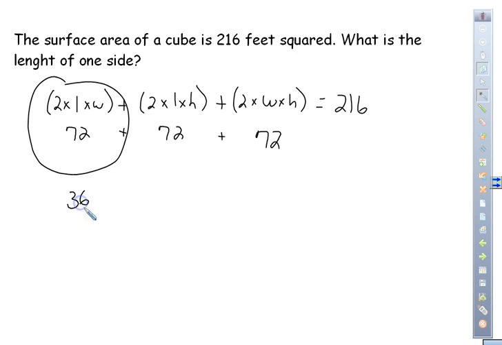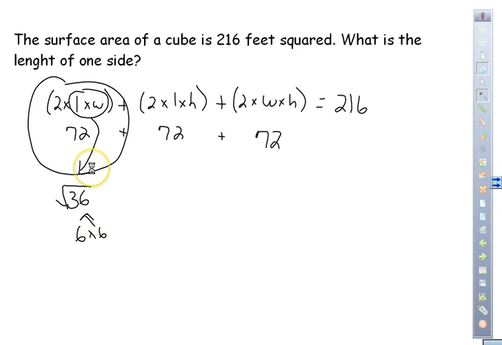Okay, so we've got to make sure that the length times width is going to equal 36. So what's the square root of 36? 6, because 6 times 6 will equal my 36.